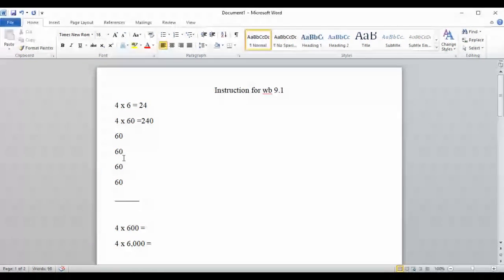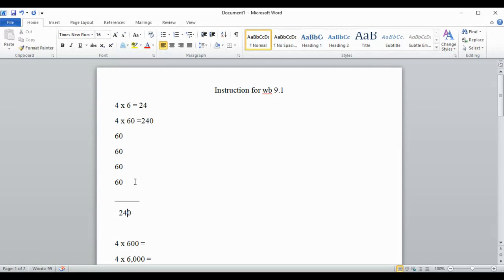And we'll say 0 plus 0 plus 0 plus 0 is 0. And then we'll say 6 plus 6 is 12, plus 6 is 18, plus 6 is 24. So our final answer is 240, just like we got up there. I just wanted to show you that it really does work out.